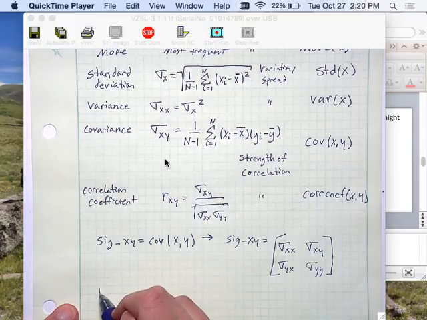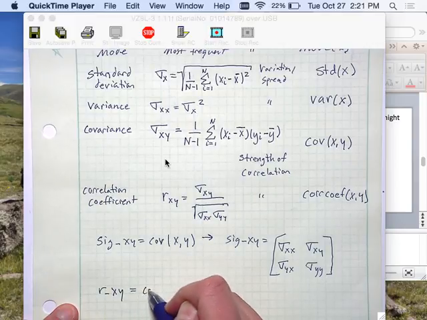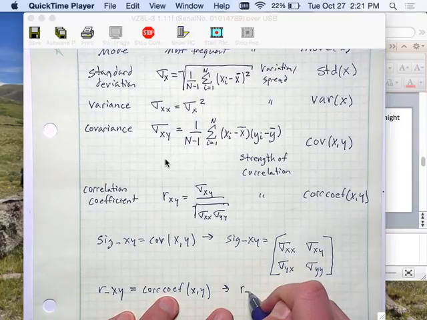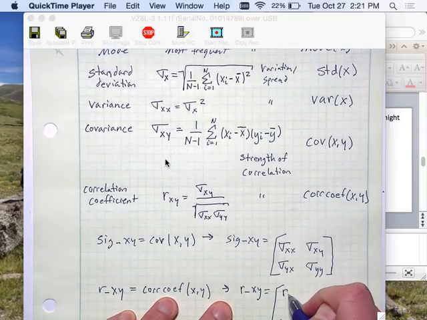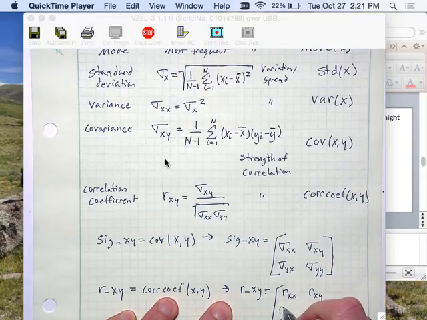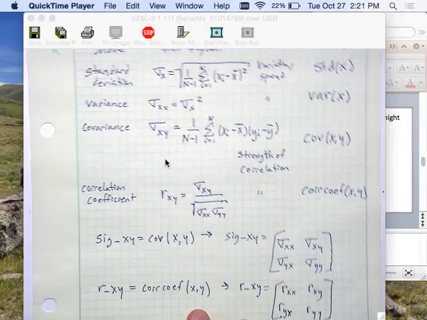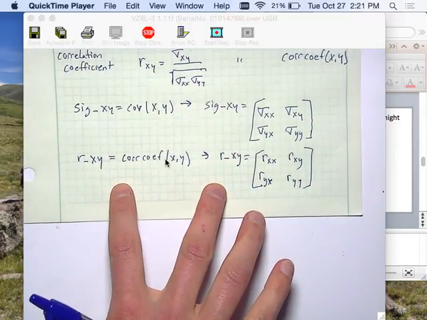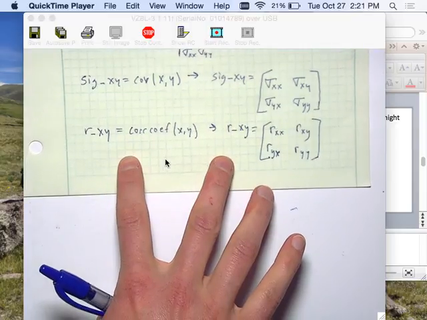And then the same thing with the correlation coefficient. So when we are talking about correlations, is that okay?